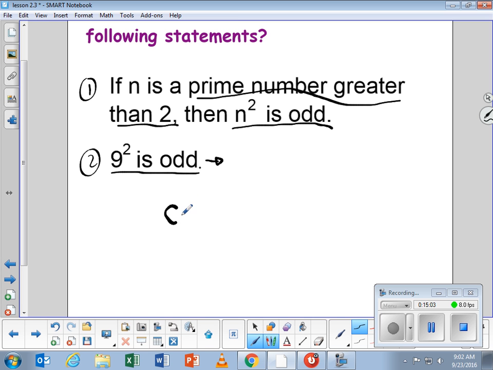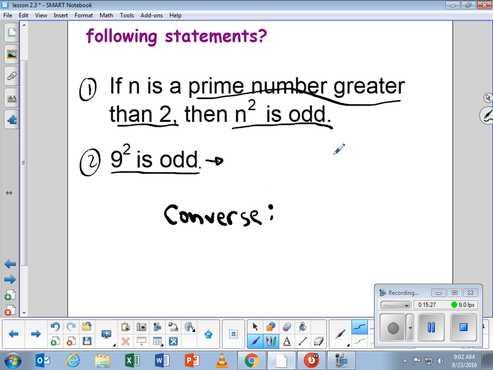Unfortunately, that would be the converse of the original conditional. The original conditional is true, but is the converse true? If n squared is an odd number, then does that mean n is a prime number greater than 2?